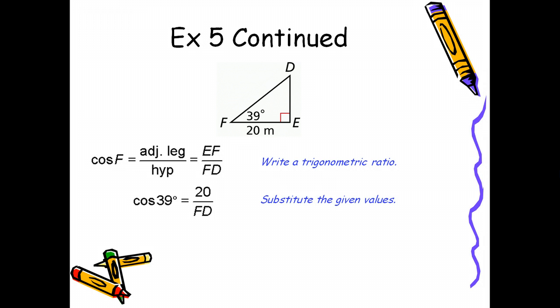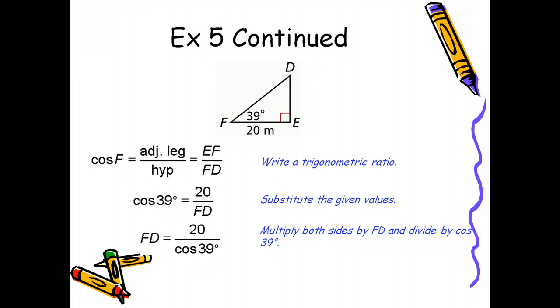Substitute our values in, and we get cosine of 39 degrees equals 20 over FD. Then we'll use the calculator and multiply both sides, dividing by cosine of 39, and we end up with FD approximately 25.74 meters.